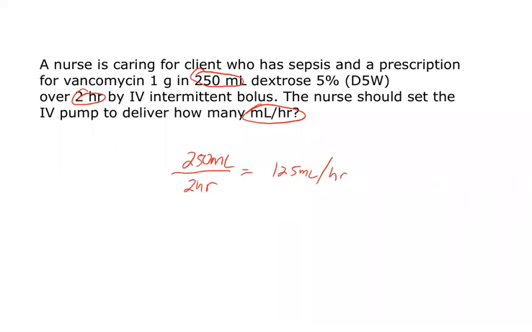So if you're getting these on the ATI, then that's it. Why would I change it to minutes? It didn't ask me to change it to minutes, right? If I was calculating a drop rate, then I would. That's most likely when you're doing drop rate. Drop rate is drops per minute, and that's a whole different question.